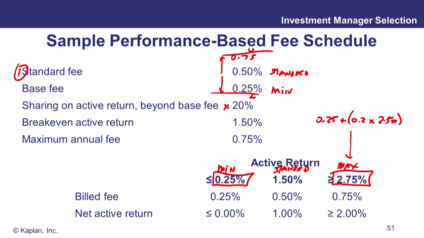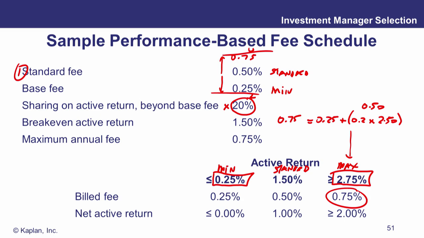Notice, guys, that I've deducted 0.25 from the 2.75, and this gives us 0.5. And so our overall fee comes in at 0.75. What we're saying is that the 0.25 is fixed, does not vary, but beyond our base fee, we're sharing 20% of the amount above.